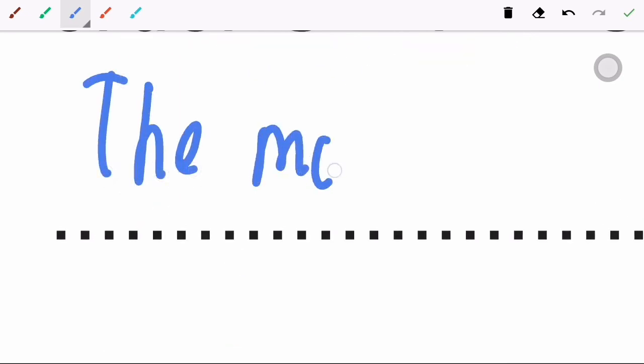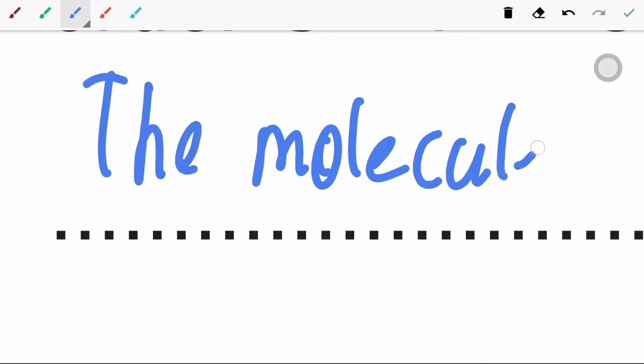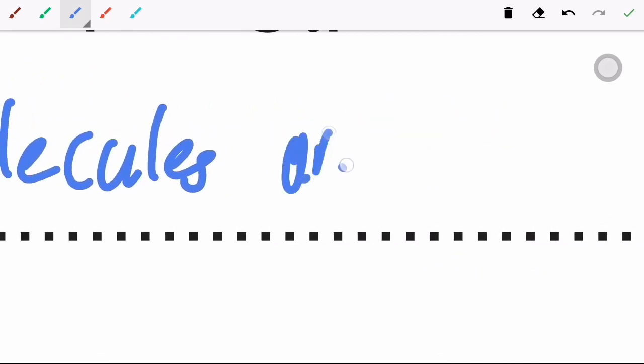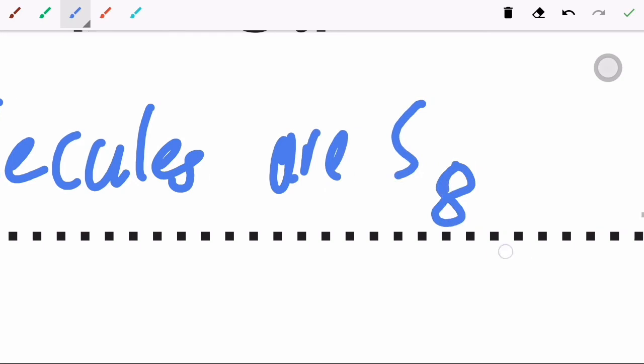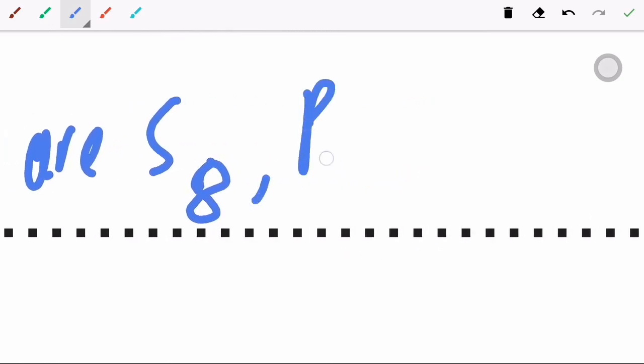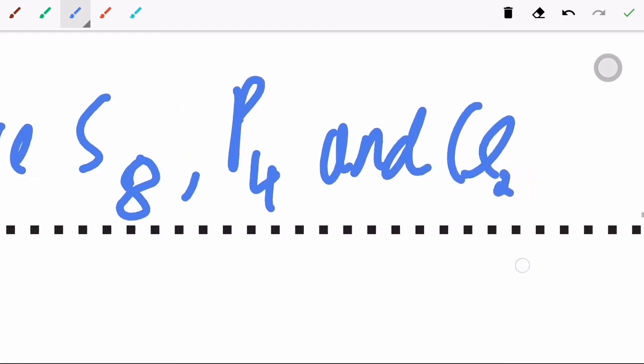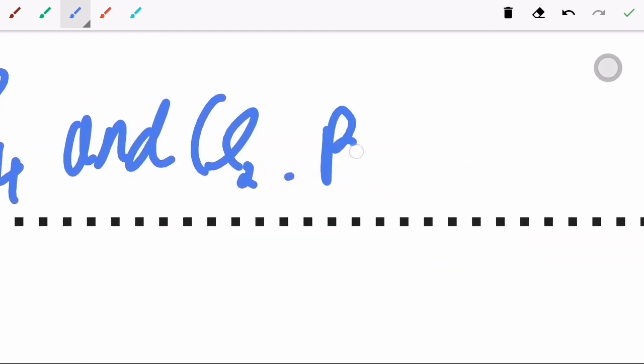We have to say something about the molecules, like how they exist. Oxygen exists as O2, so the molecules are S8, P4, and Cl2. Larger molecules have more electrons.